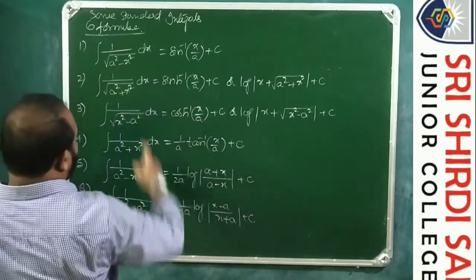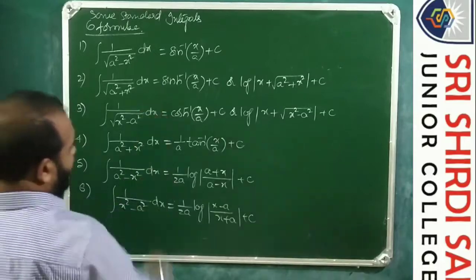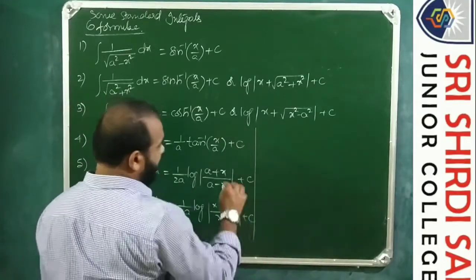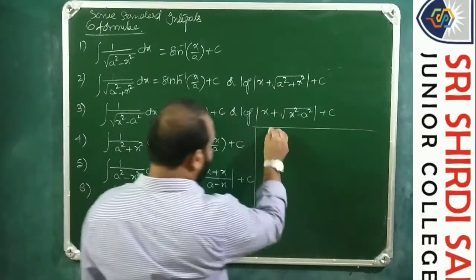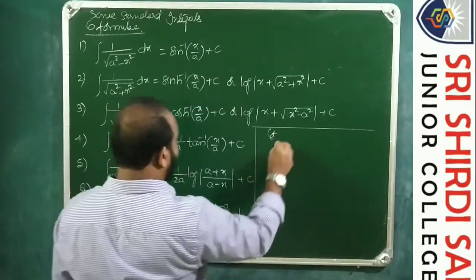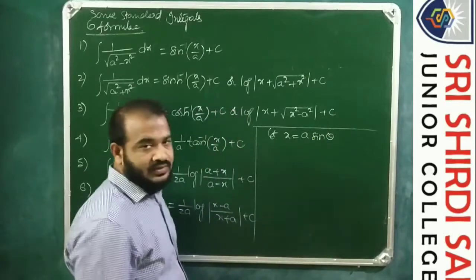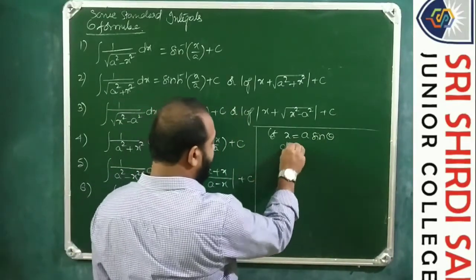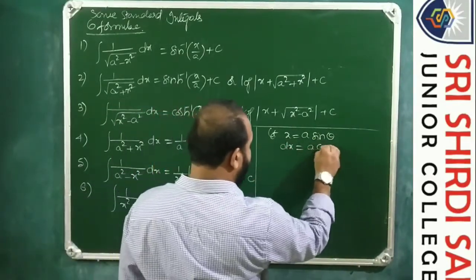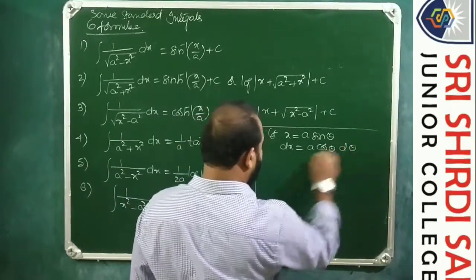Integral 1 by root of a square minus x square dx is equal to sin inverse x by a plus c. So let x equal a sin theta. Differentiating, we get dx is equal to a cos theta d theta.